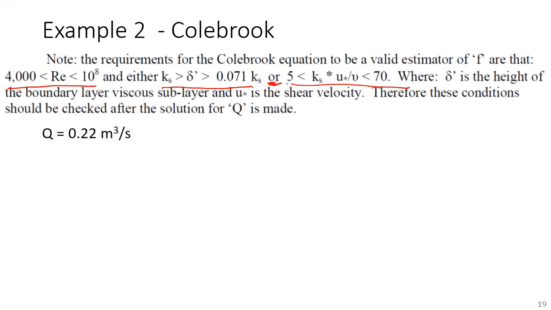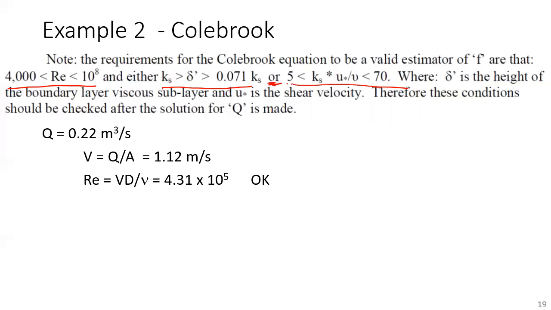So we had a discharge of 0.22 cubic meters per second. That's what we just found. From that, we rearrange continuity to calculate the velocity, 1.12 meters per second. From that, we can calculate the Reynolds number.